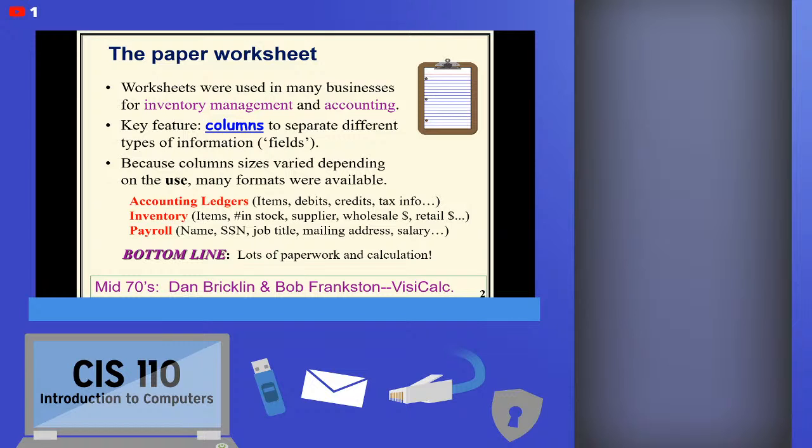And they taught these business classes via what they called the case method. What essentially that meant was that the instructor would present them with a case study. And based on that, they would have to do all these calculations and projections and figure things out for this case study business.